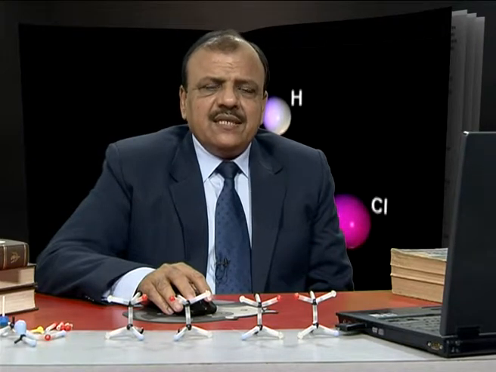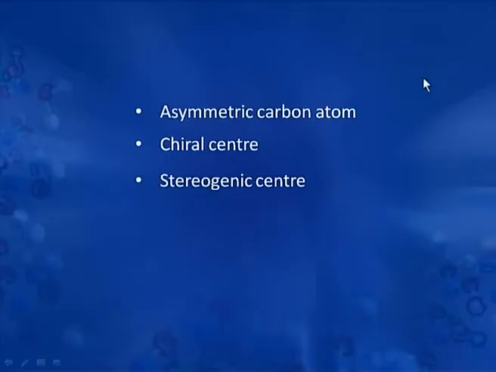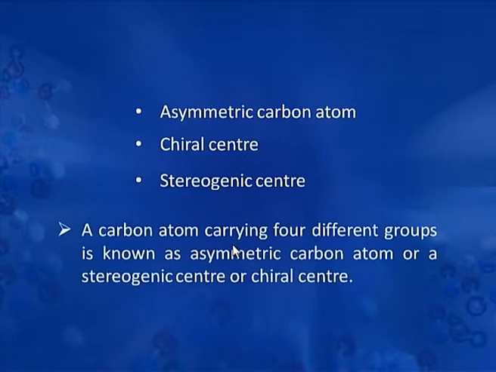Since stereochemistry is generated in the molecule due to this, it is also called a stereogenic center. So these 3 terms can be defined in one sentence: a carbon atom carrying 4 different groups is known as an asymmetric carbon atom, a stereogenic center, or a chiral center.